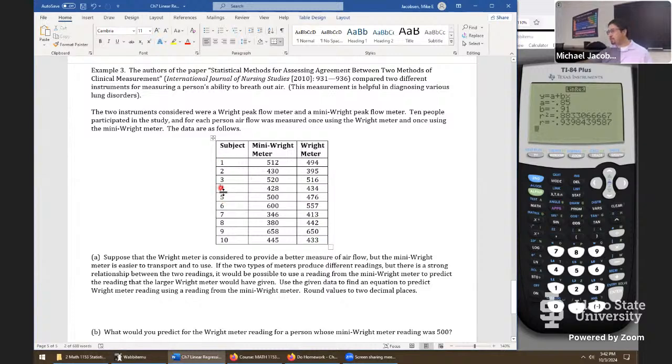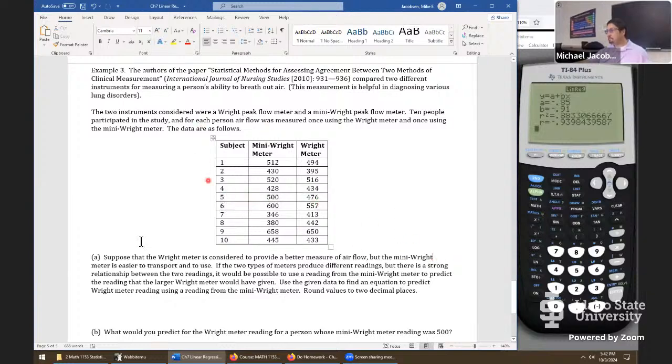If we look at, say, subject 4, just randomly selecting them, that one's pretty close, but the very next subject had a big difference. One of the things you have to think about is maybe the person just got tired of doing the measurements after they did the first one. So hopefully they randomized which device they used first to balance out the biases there. But there is some pretty strong disagreement in some of these data.